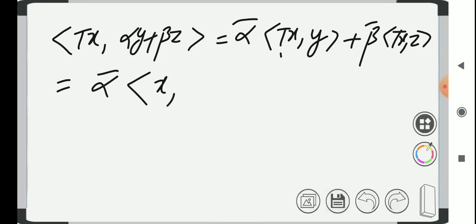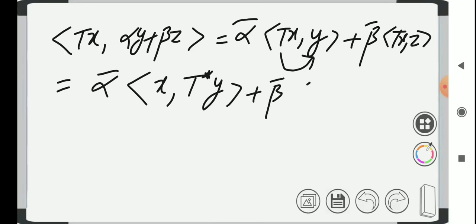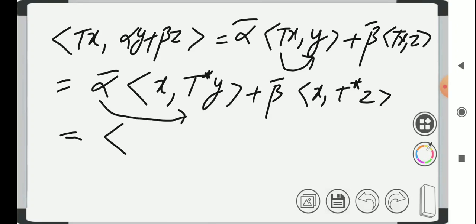Now if we move this T over, it should get represented by T star by the defining property of T star, giving x with T star z. Hence we have the inner product.